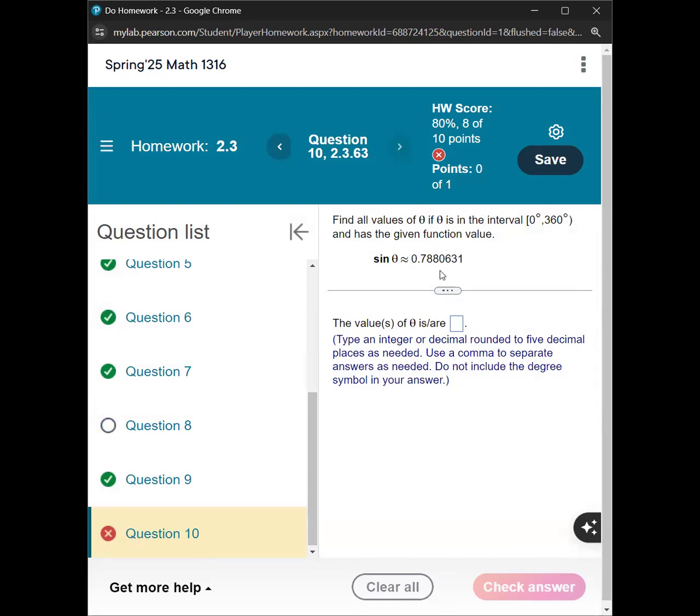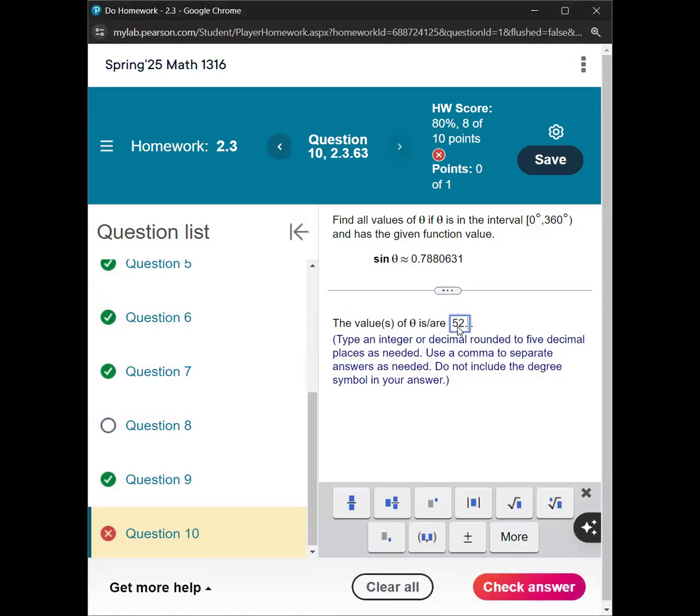So the number has changed. I am going to change my decimal number here. It's 0.87880361. And then the first angle I have to give them is 52.00487, comma. Now, sine is positive in quadrant 1 and quadrant 2.